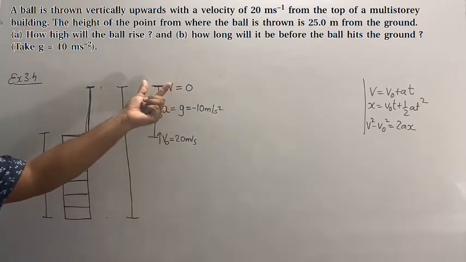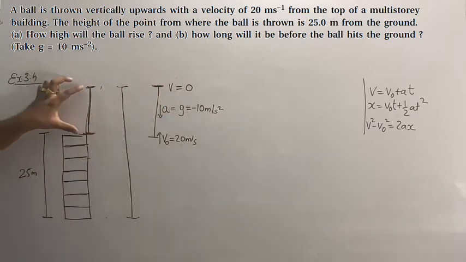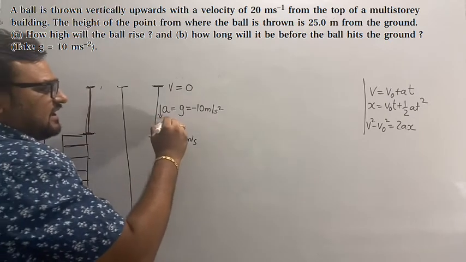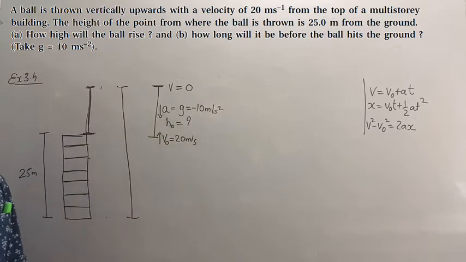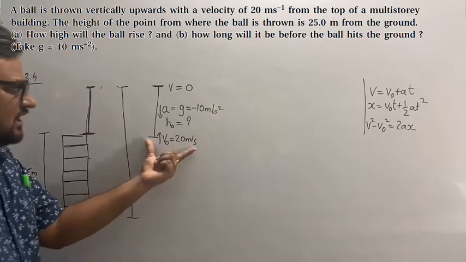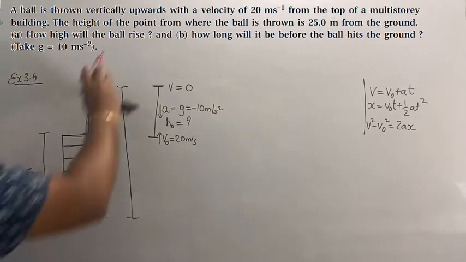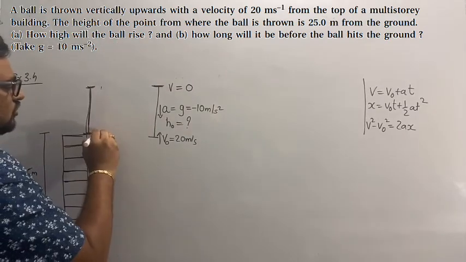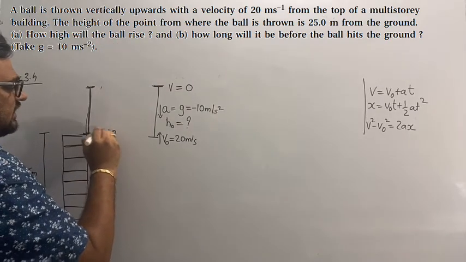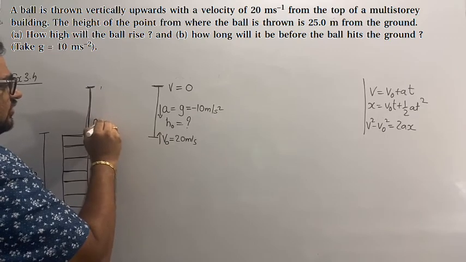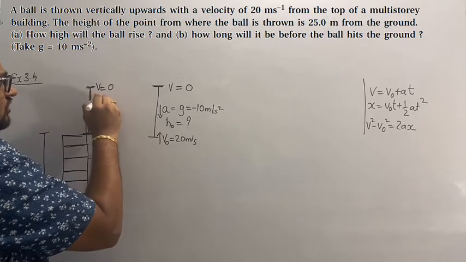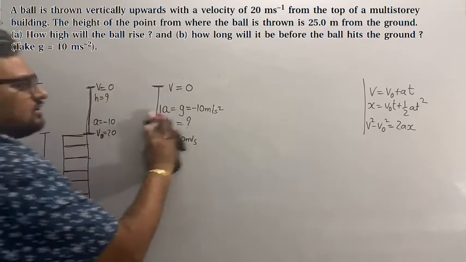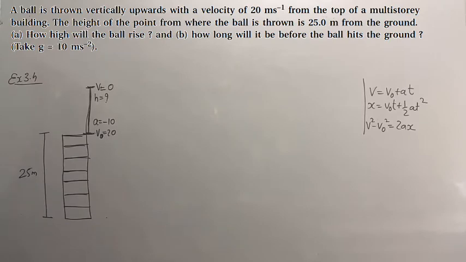Now, we have to find out how high, this height h0. So let me write the given things this way: v0 equal to 20, a equal to minus 10, final velocity v equal to 0, h equal to question mark. This is only the first part.